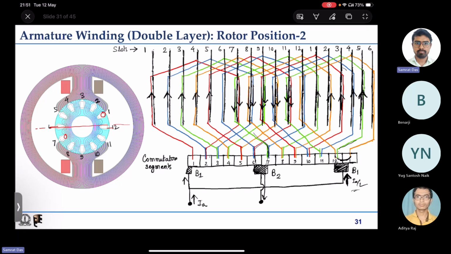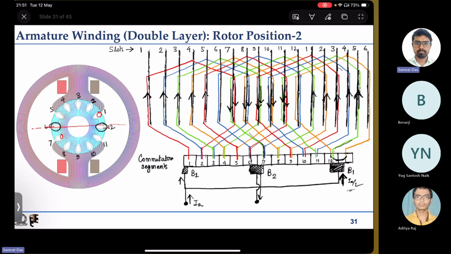You can see that coil number 6, that is this blue one, is not having any current, and coil number 12, that is this orange one, is also not having current. That is why the coil sides at slots 6 and 7, 6 and 12, are not carrying any current, because they are at the magnetic neutral axis and they are going through commutation.